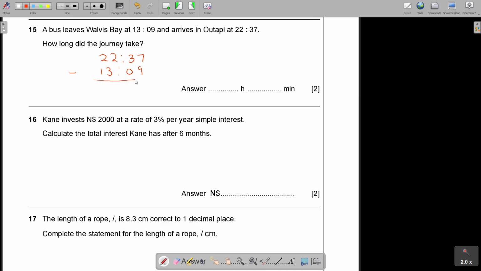Why? Because the 9 can go from 37. So 37 minus 9, and what will you get? 28. And then 22 minus 13, and it's 9. Otherwise, you could have taken an hour and made it 60 if this one is bigger than the one at top, but it was not. So this was, according to me, even a primary school question.